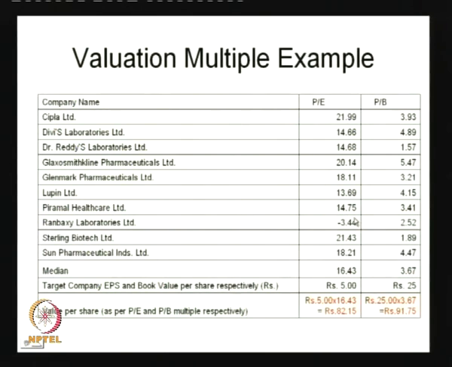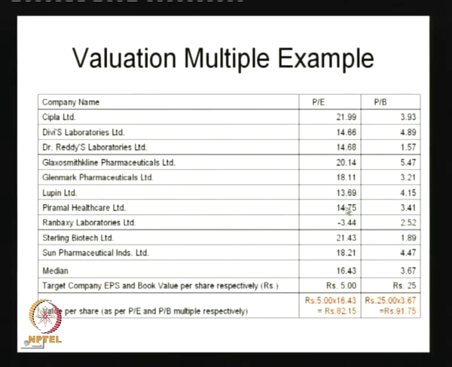This negative multiple is reflected because the earnings per share of that particular company could be negative. Similarly, we have the price earning ratios, and instead of taking the average, the median of this particular multiple is 16.43.